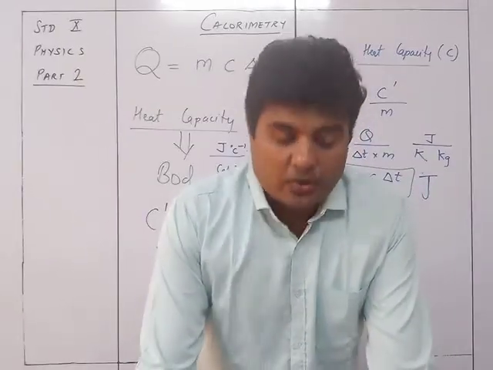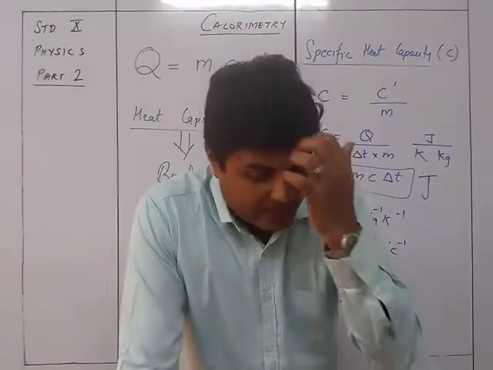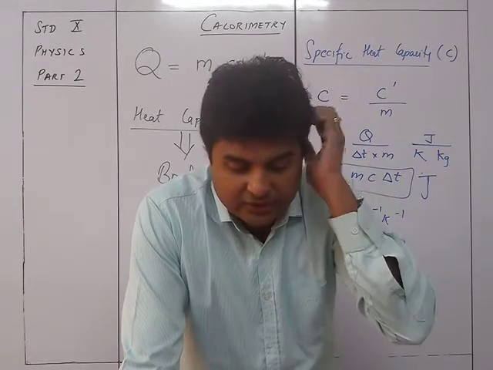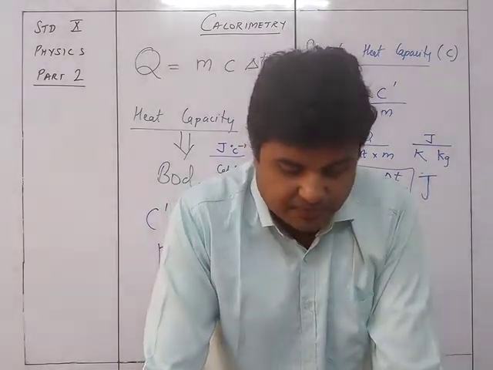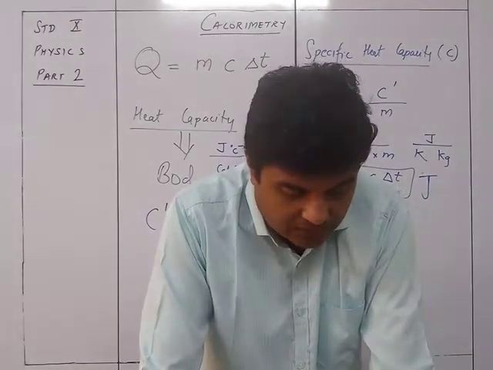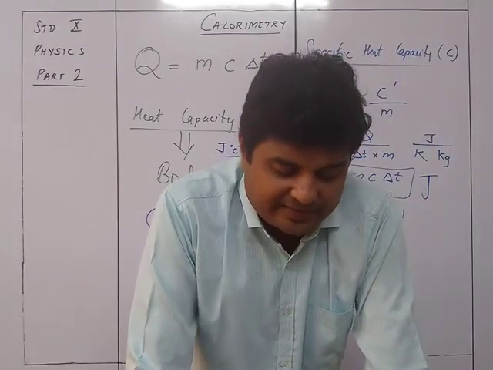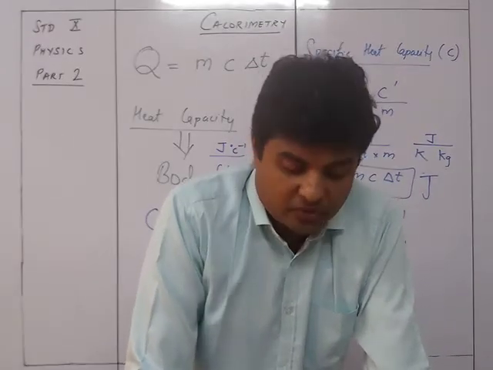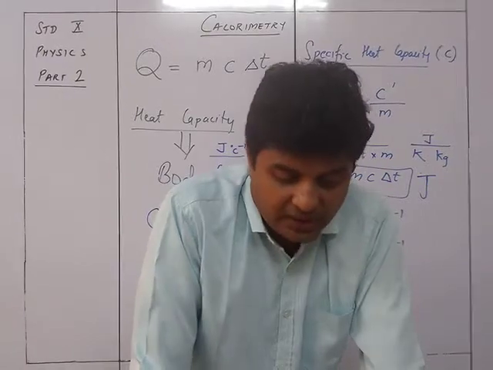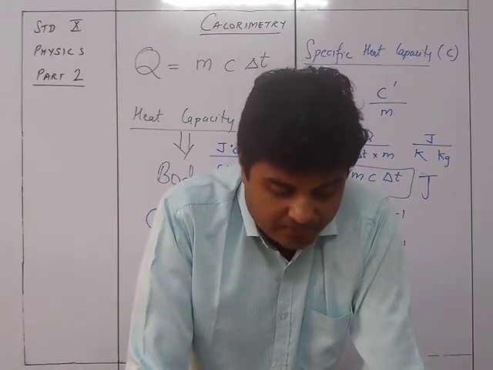So Joule per kilogram per Kelvin or Joule per kilogram per degree Celsius. The other units will be, of course, calorie per gram per Celsius or kilocalorie per kg per Celsius. And the relationship: 1 calorie per gram per degree Celsius will be equal to 4.2 into 10 to the 3 joule per kg per Kelvin.